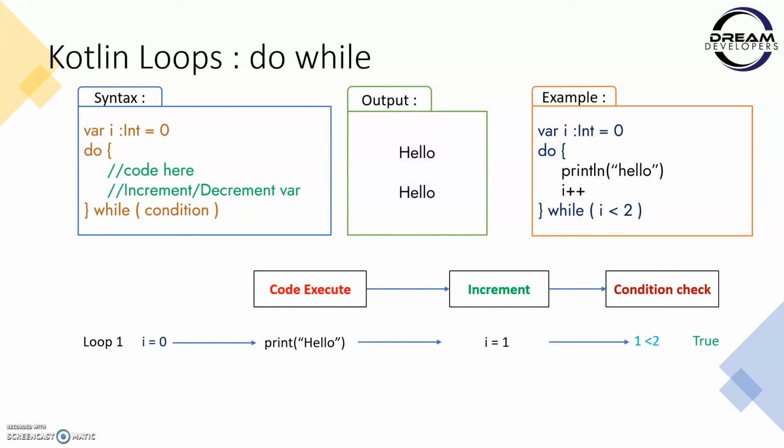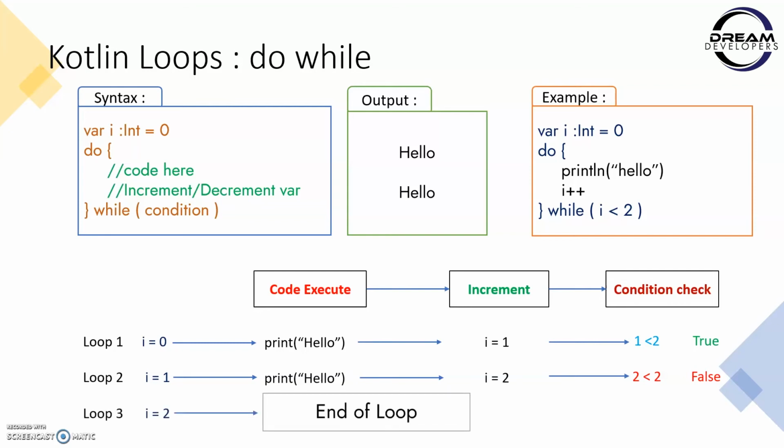Yes, so it will execute the second loop. In the second loop, i is 1, so it prints hello. After that i is incremented by 1, so now i is 2. Is 2 less than 2? False. So the condition returns false, and the loop terminates. I assume you have understood the for loop, while loop and do while loop.